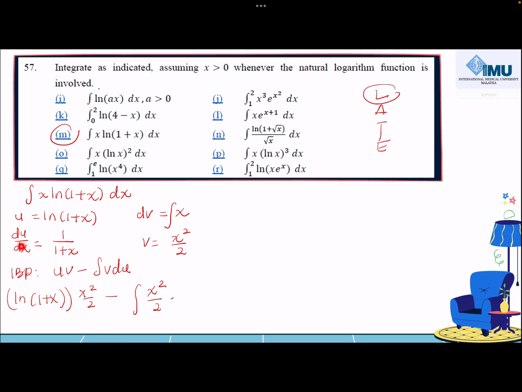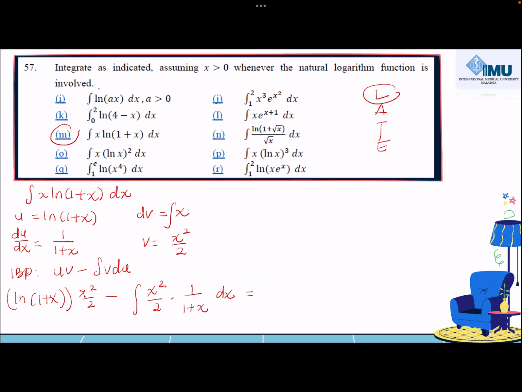Now let's look into here. You have du over dx equals to 1 over (1 + x). Now if you want to make du as a subject, you bring dx to the other side. Then you can replace it as 1 over (1 + x) dx.